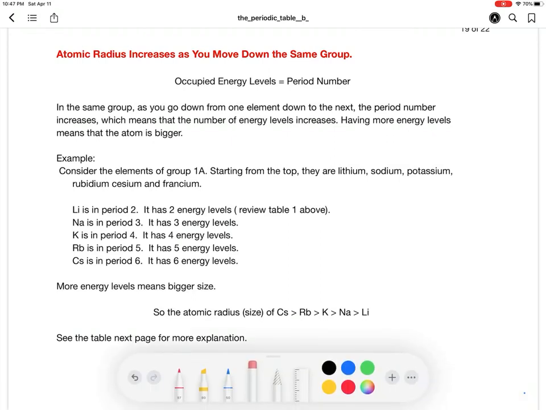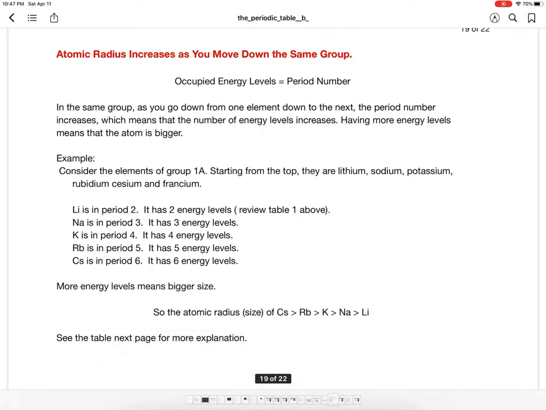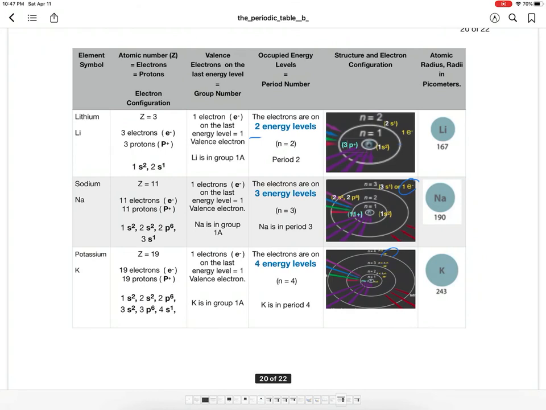Why is that? Because as you move down the same group, the period number increases, which means that you're adding more energy levels, which makes the atom bigger. So adding more energy levels makes the atom bigger. That's easy to remember. And you have here some explanation.